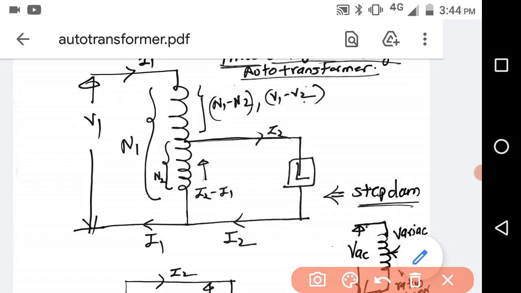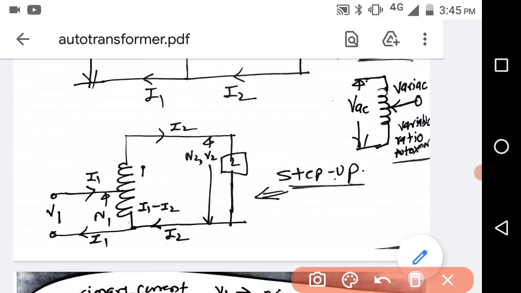As this is a step down transformer, output V2 is less than V1. Now for this portion, the turns are N1 minus N2, because secondary turns are N2, and voltage is V1 minus V2, current is I1.